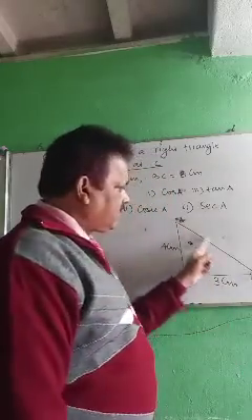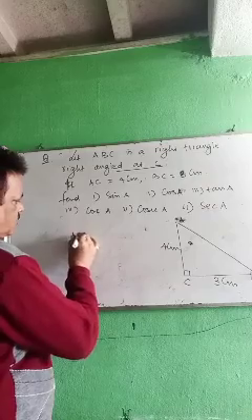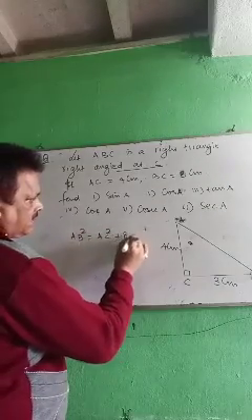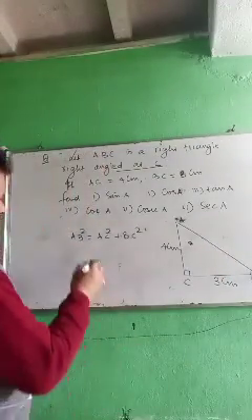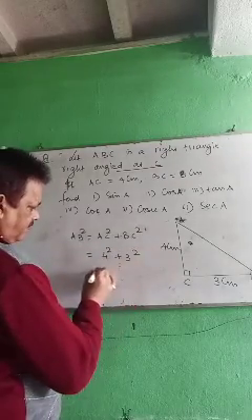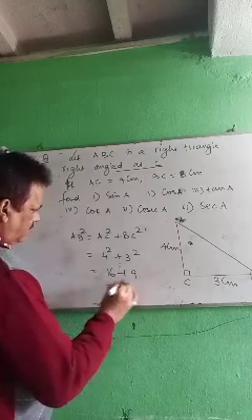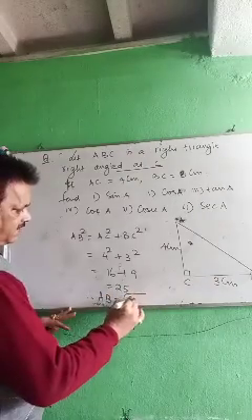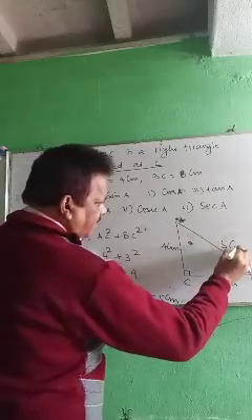Remember, you have to find out the hypotenuse. Pythagoras theorem. So first AB square equals to AC square plus BC square. So that will be 4 square plus 3 square, 16 plus 9, 25. Therefore AB is root over of 25, 5 centimeter.